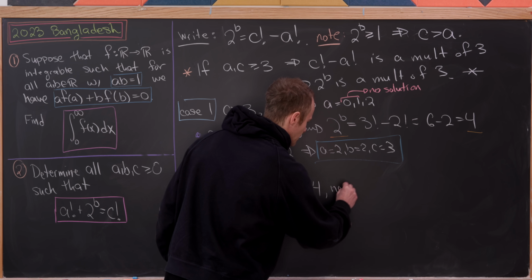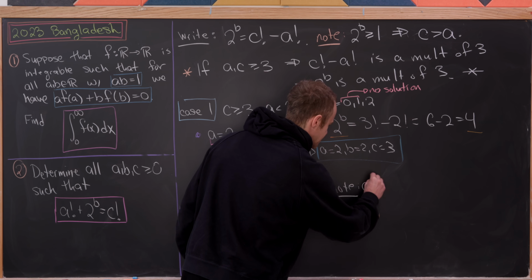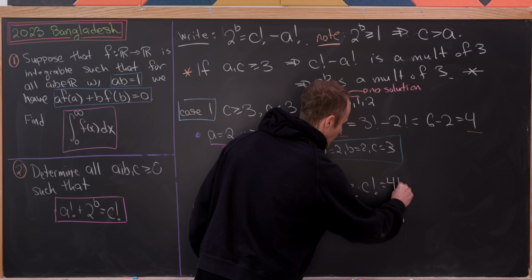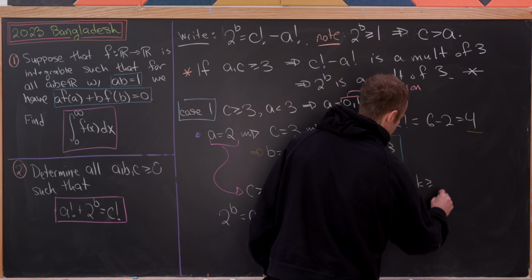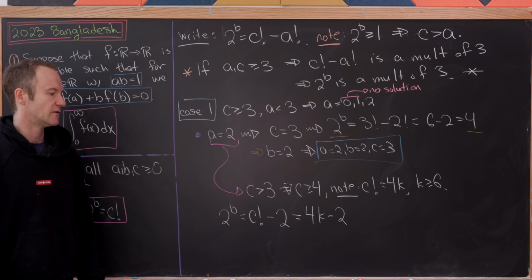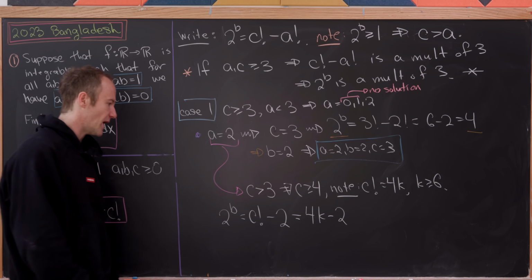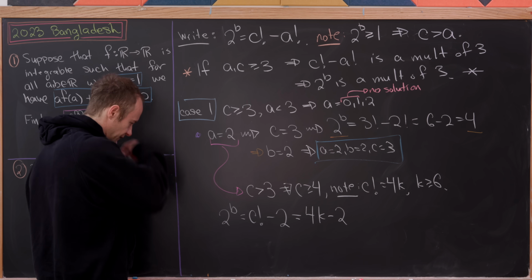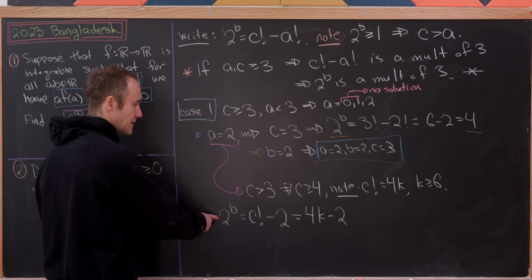And I'll just note here that C factorial is equal to 4 times K for some K bigger than or equal to, well, actually it has to be bigger than or equal to 6 because 4 factorial is equal to 24.